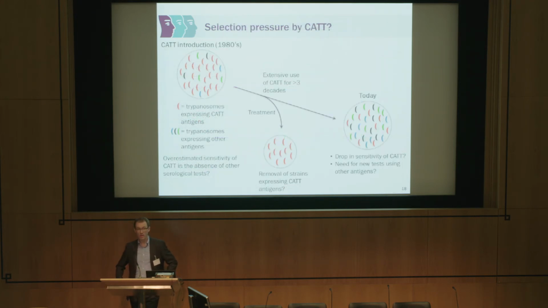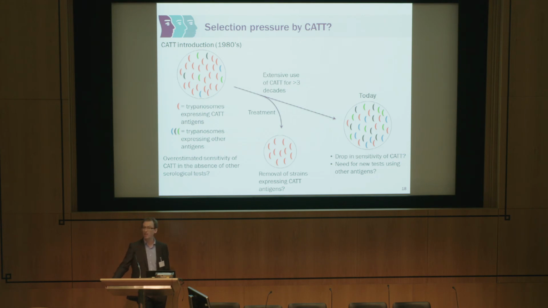Another possible explanation for this phenomenon might also be that since we have been using the CAT test extensively in Africa for more than 3 decades, this could have caused a significant selection pressure on trypanosomes. It's possible that during all this time, by detecting patients with trypanosomes expressing CAT antigens, we may have removed them a bit from the population.